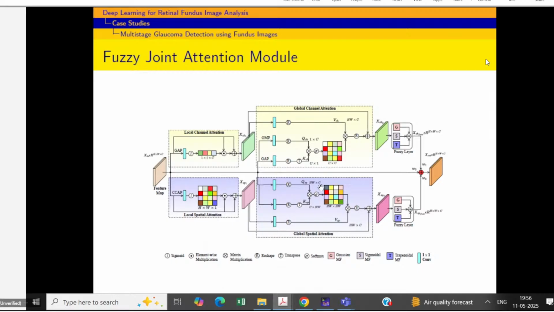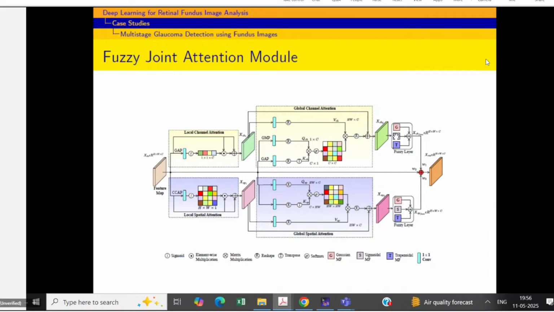Similarly, as I mentioned earlier, you can also find the global contextual relationship or feature dependencies along the channel dimension. But in that case, the size of the attention score will be C cross C in place of SW cross SW. So these are common things.